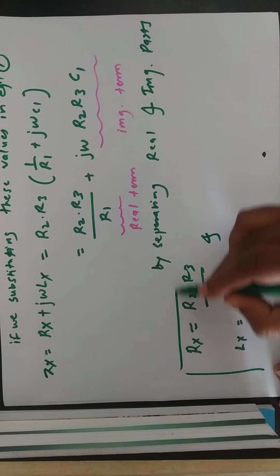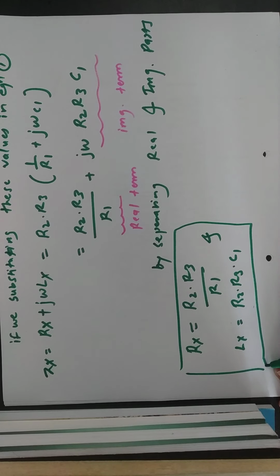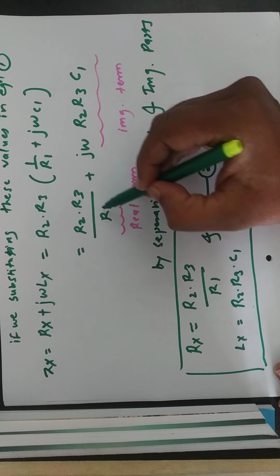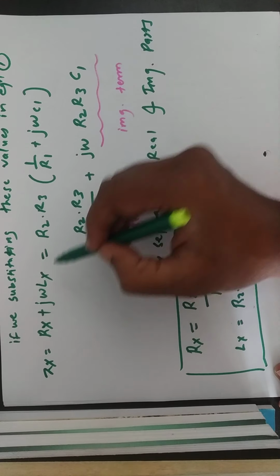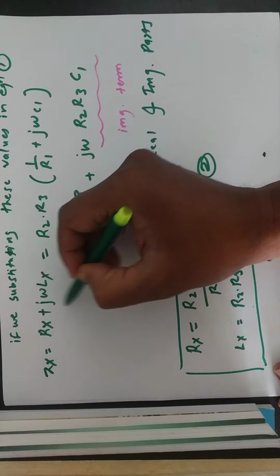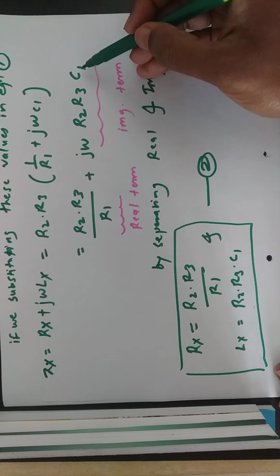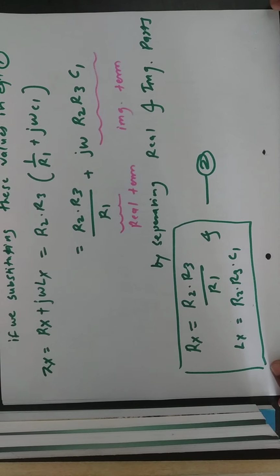This is equation 2. Rx is R2 into R3 divided by R1, and j omega Lx relates to the other term, so j omega cancels, and Lx is equal to R2 into R3 into C1.